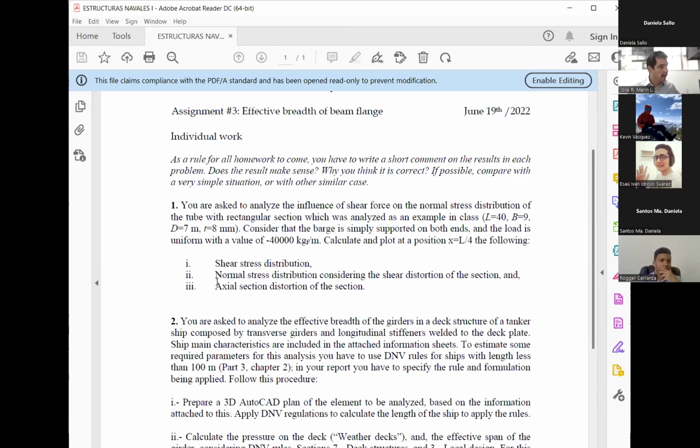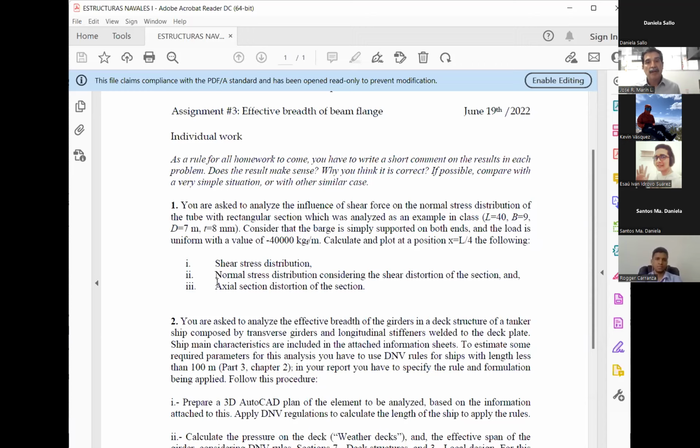So you have to review the relations that are presented in the class notes, and then apply them. Please review the deduction, because you are responsible for both.